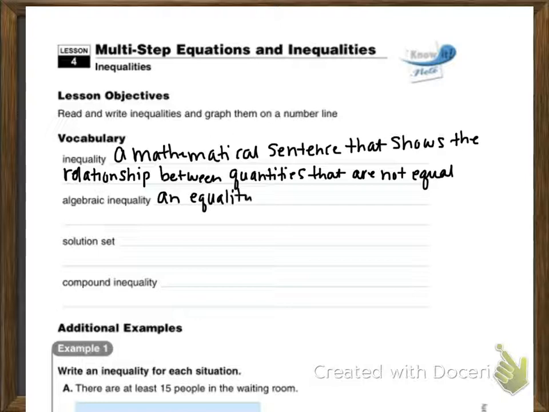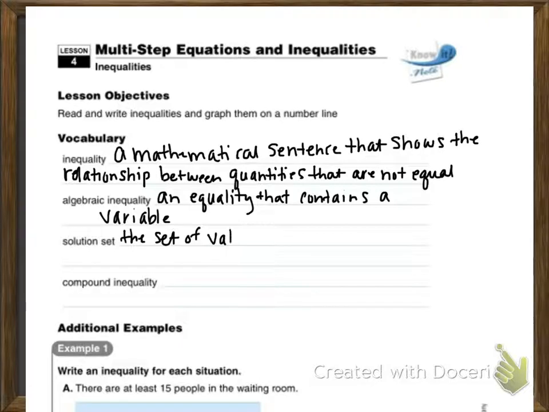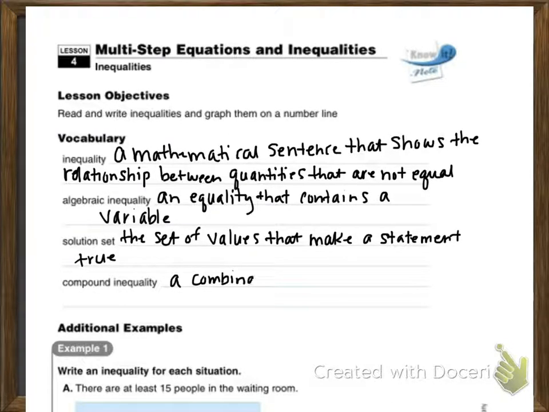Now, an algebraic inequality is an inequality that contains a variable. So we are going to solve inequalities where we actually have a variable, x, y, n. A solution set is the set of values that make a statement true. So those are going to be our answers, and there is probably going to be more than one answer, because if our inequality is set less than or greater than a number, then obviously there's going to be more than one numeric value that's going to make that true.